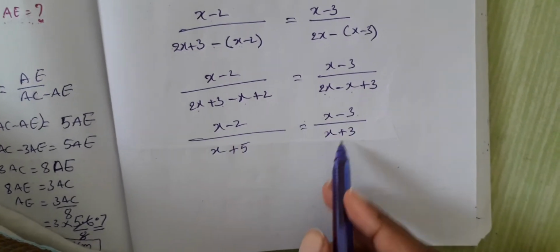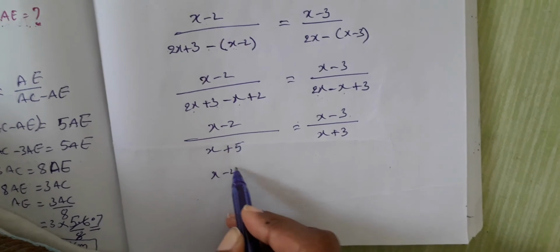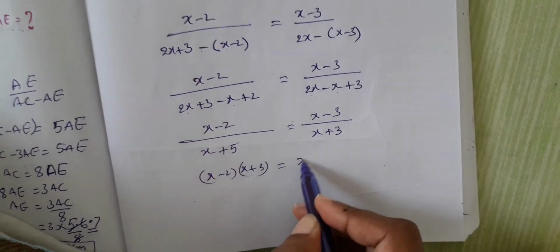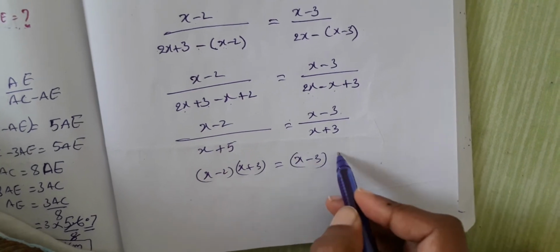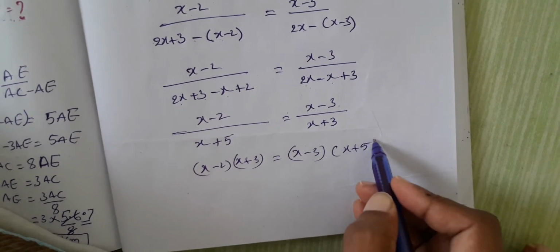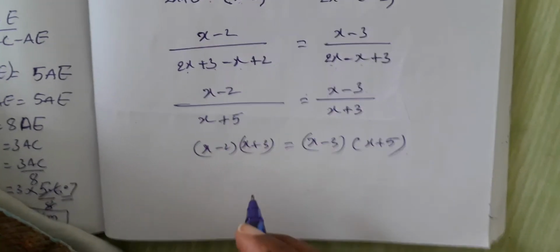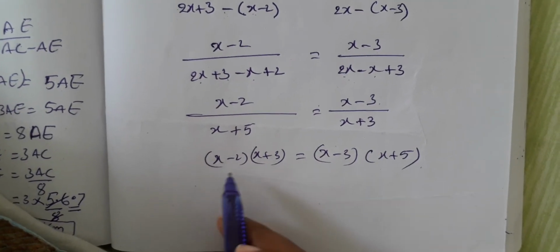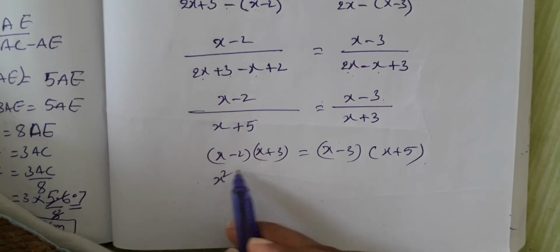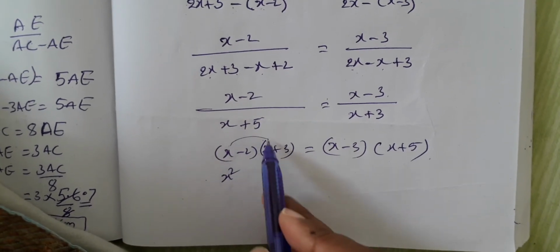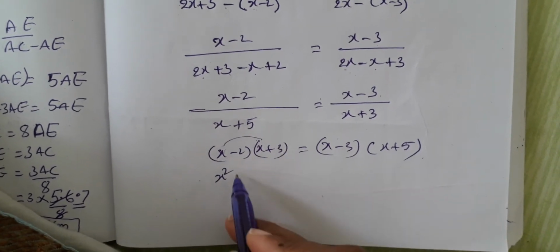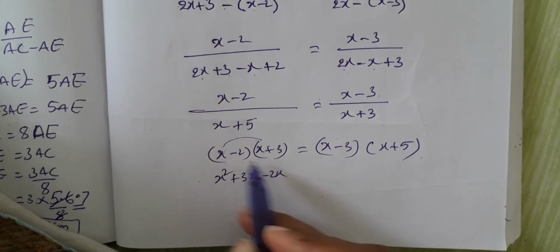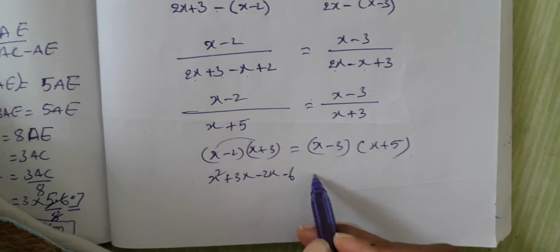So now we are left like this. x minus 2 into x plus 3 is equal to x minus 3 into x plus 5. Now you can just expand: x into x is x square, x into 3 is 3x, minus 2 into x is minus 2x, minus 6.